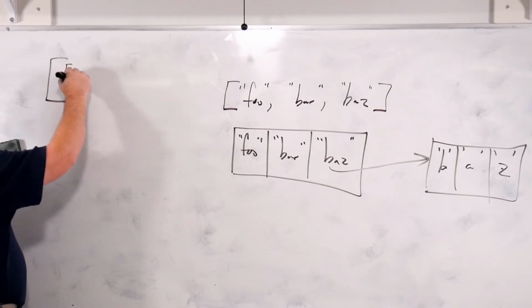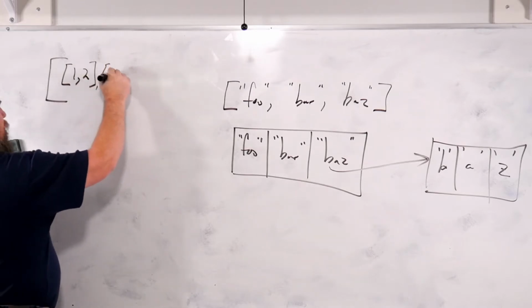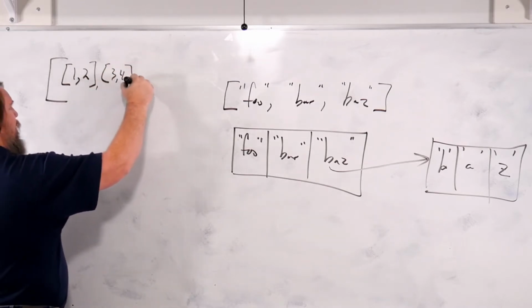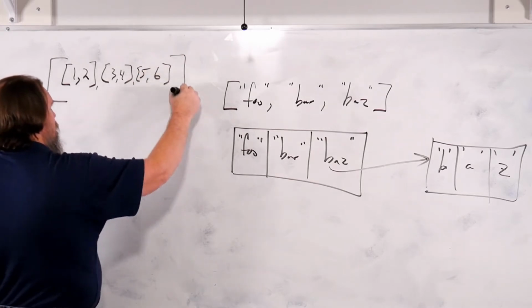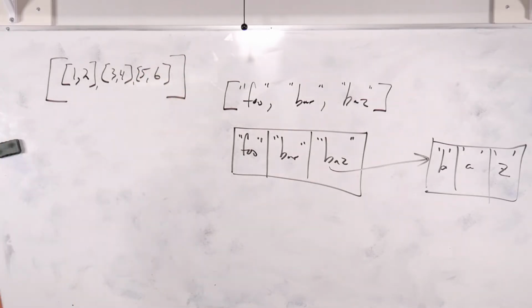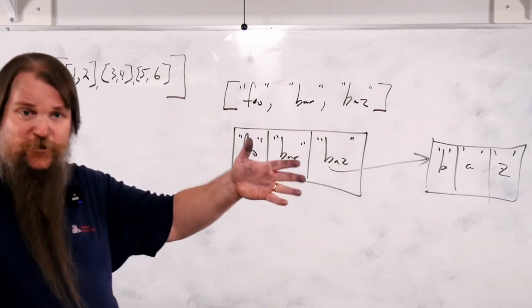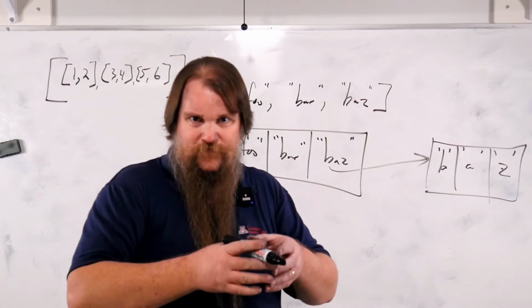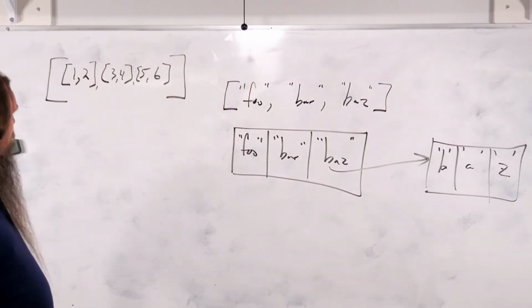Here's a simpler one. 1, 2, 3, 4, 5, 6. The previous example in the sorting video was an array of size 2 where each slot was an array of length 3.